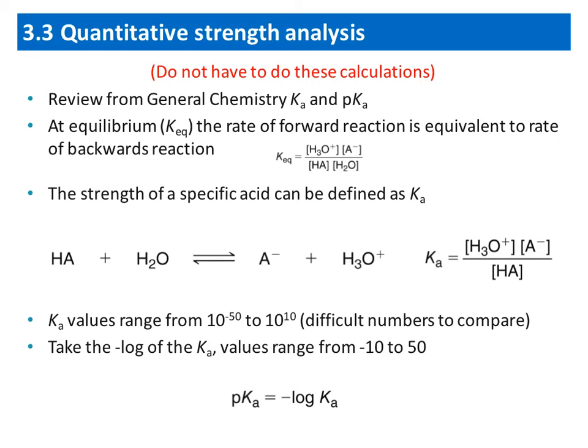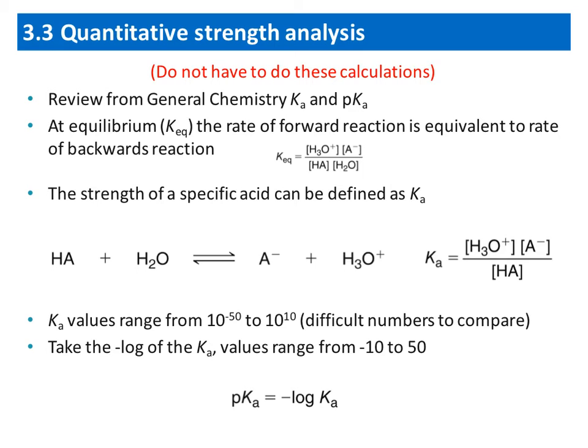But I want to show you where these pKa numbers are coming from. When you have an acid and base reaction, at equilibrium, you can calculate the equilibrium constant by dividing the concentration of the products over the concentration of the starting materials to get this equation.